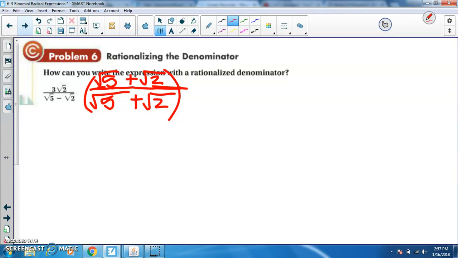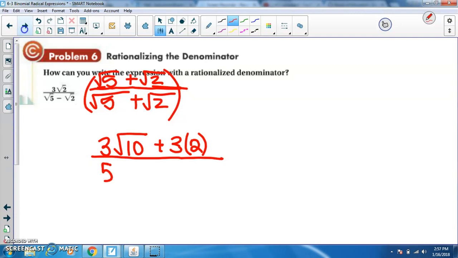So I'm going to do 3 root 2 times root 5, which is 3 root 10. 3 root 2 times root 2 is plus 3 root 4, which is 3 times 2, over root 5 times root 5 is 5. Root 5 times 2 is plus root 10.